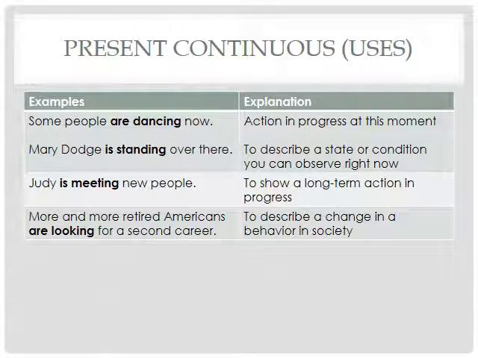In the second one, where we say Mary Dodge is standing over there right now, there's not really any action in the sense that she's moving. But in both cases, we're talking about something that is going on right now. So at least for our class purposes, we're just going to refer to this as one group together and talk about it as right now, what's going on right now.